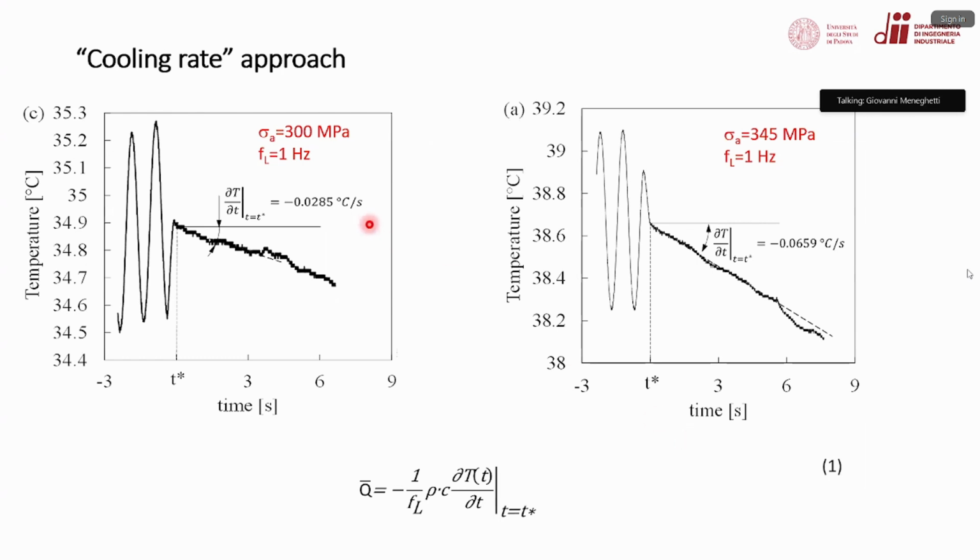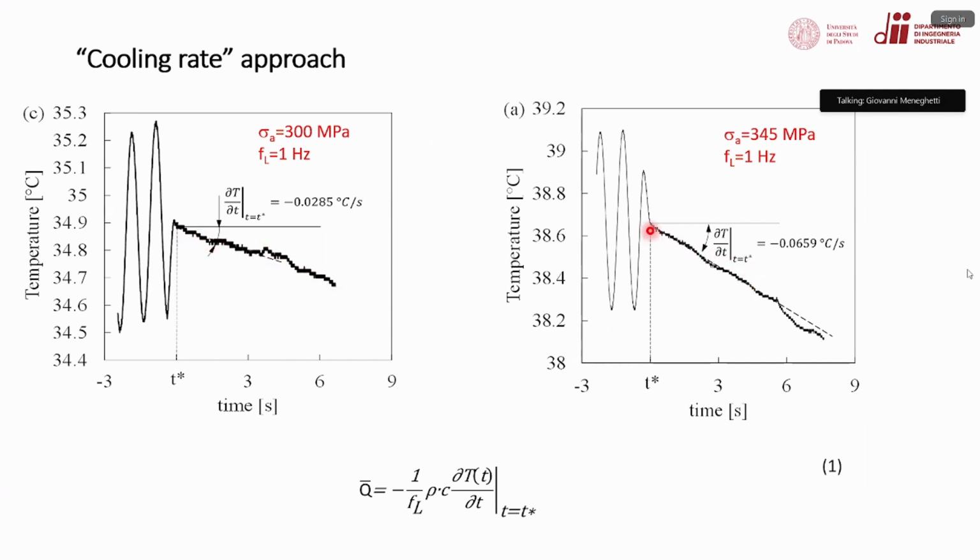I would like to show you some experimental thermal signals. This is a picture reporting two examples of the cooling rate approach. You see that for a relatively low applied stress amplitude, the cooling rate can be measured, but the signal acquired by the infrared camera is affected by a certain noise.